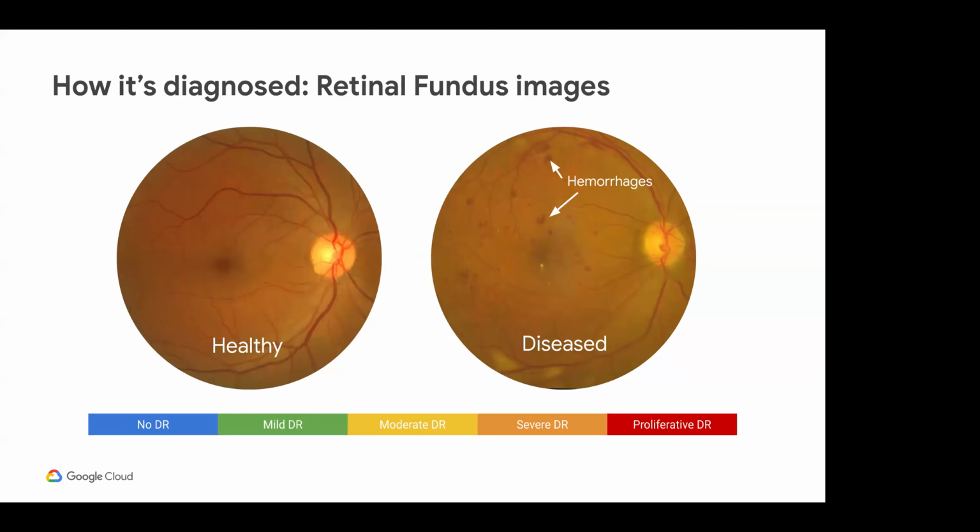So how is it diagnosed? It is mainly diagnosed by taking a photo of your retina, and then a radiologist or ophthalmologist goes and tries to find signs of retinopathy. It ranges from no DR to mild DR, moderate DR, severe DR, and proliferative DR. These are the classifications that could come from this image.